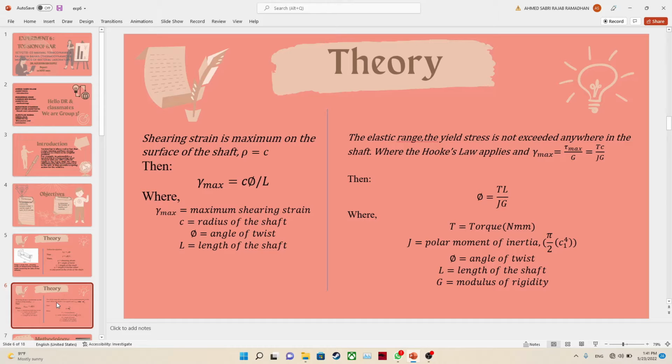For the elastic range, where yield stress is not exceeded anywhere in the shaft and Hooke's law applies, γ max will equal Tc over JG. Then θ will equal TL over JG, where T is the torque, J is the polar moment of inertia, θ is the angle of twist, L is the length of the shaft, and G is the modulus of rigidity.